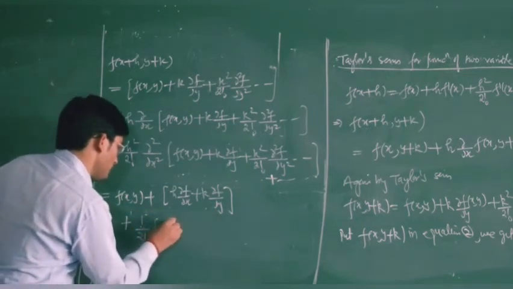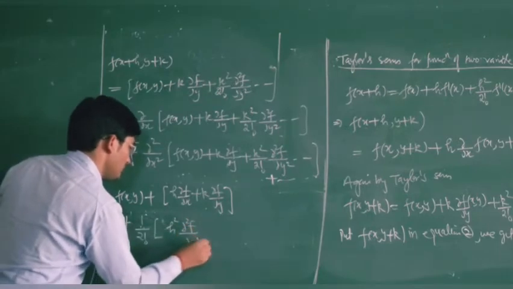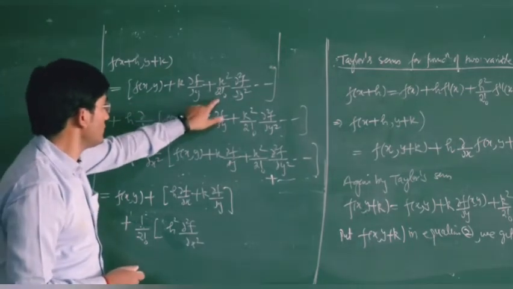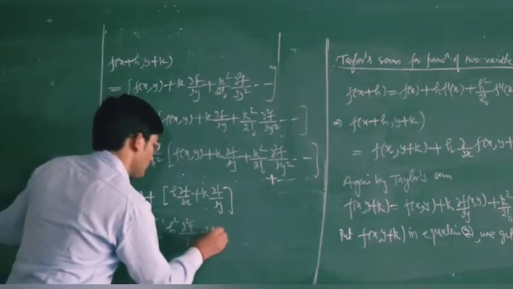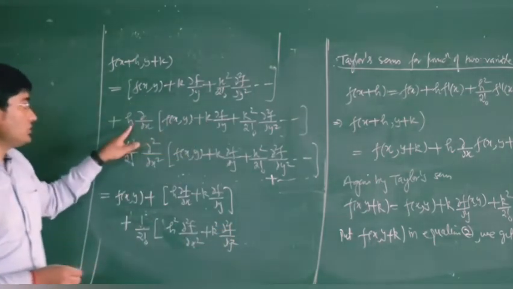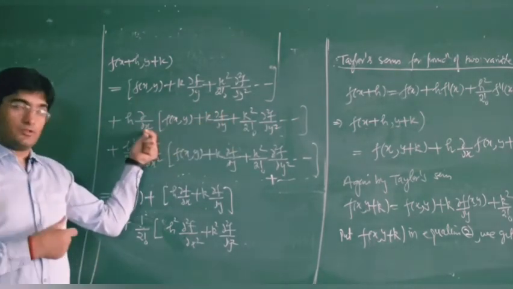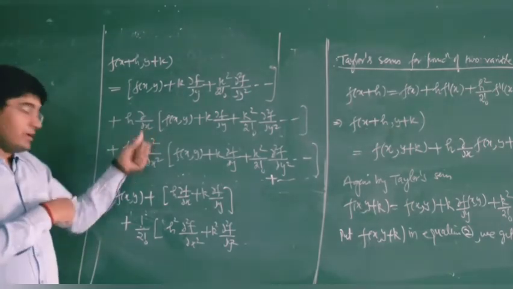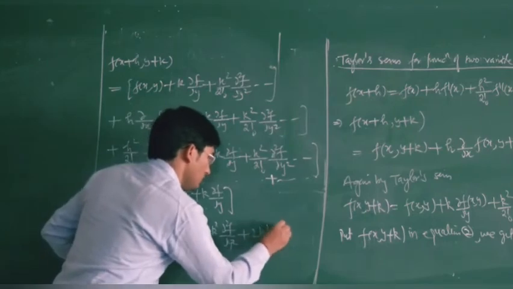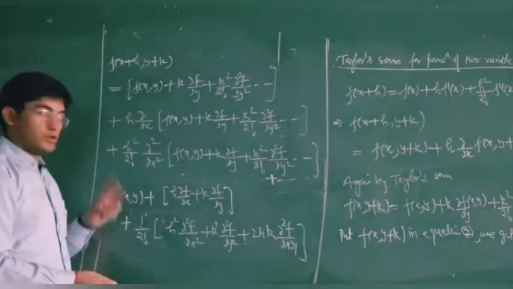Then from here you can see this is k square del 2 f upon del y2. Then this term is h into k, the differentiation of del f upon del y with respect to x, so this will be del 2 f upon del x del y. As we have taken 1 by 2 common, this will be 2 times h into k, del 2 f upon del x del y. So we have these 3 terms of order 2.